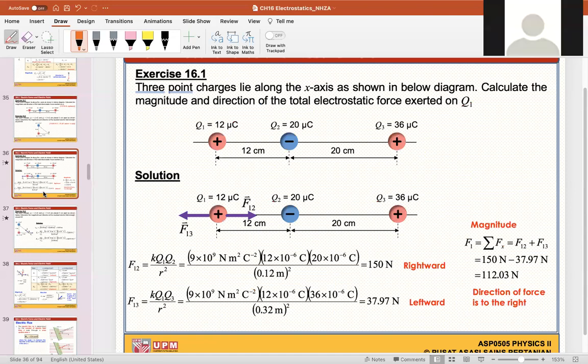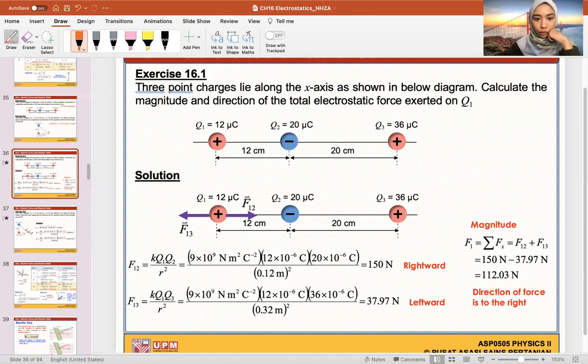Actually, when I calculated, I got the answer as rightward, but what you gave in your video is leftward. So how did I get leftward? Maybe I made a mistake. So this one, three point charges along the x-axis shown below. Calculate the magnitude and direction of the total electrostatic force exerted on Q1.